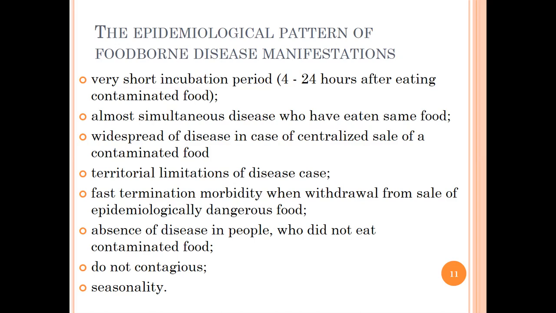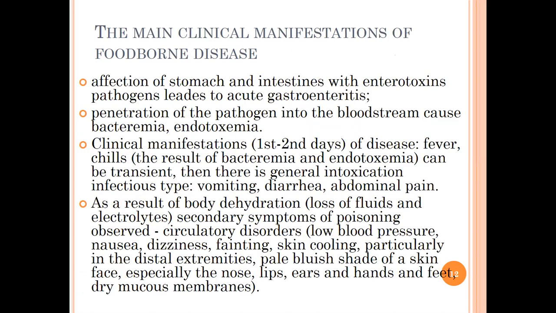And seasonality is common, usually in our country, in our climate; it typically happens in the warm season, in summer. What are the main clinical symptoms, the main clinical manifestation of foodborne disease? First of all, stomach and intestine symptoms.